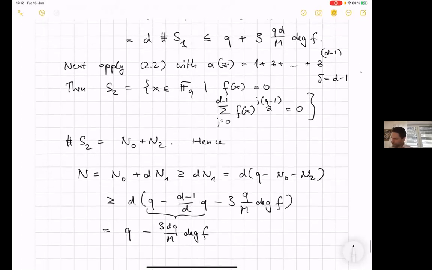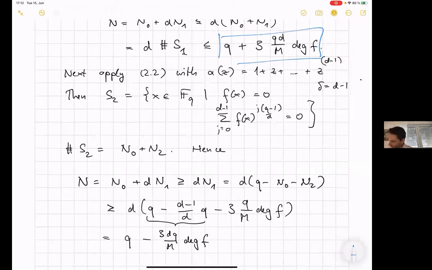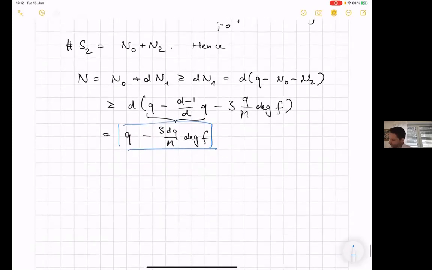Okay, so we have an upper bound and we have a lower bound, and both of them have q as a main term and q over m as an error term. And I can basically choose m as big as square root q. So I choose m as big as I can, m to be square root of q over 9d, and that's it.